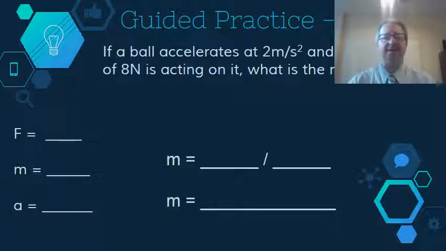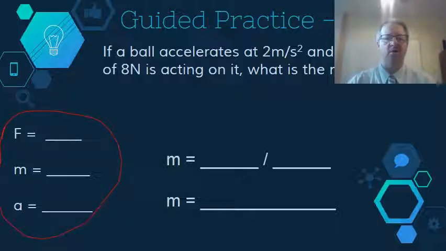Alright, here's guided practice number 3. If a ball accelerates at 2 meters per second squared and a net force of 8 N is acting on it, what is the mass? Well, first, as always, let's figure out what we know and what we don't know.